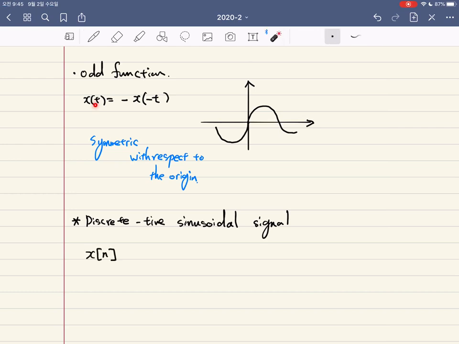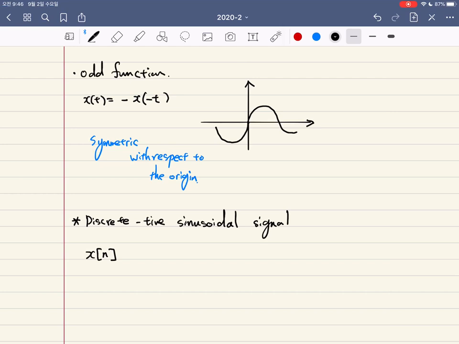We always use parentheses, round brackets, for continuous time, and for discrete time we will use square brackets. We will distinguish between continuous time and discrete time in equations for the whole semester.